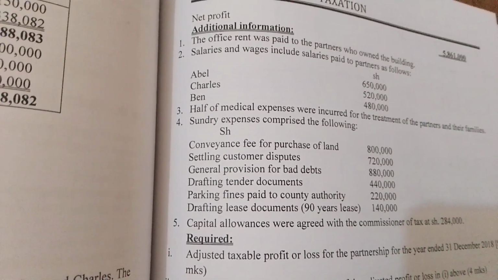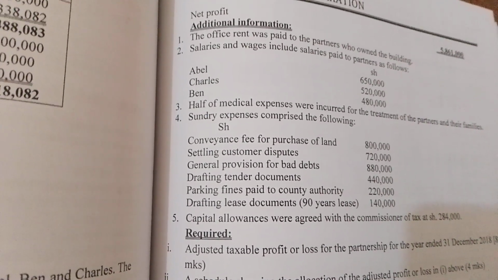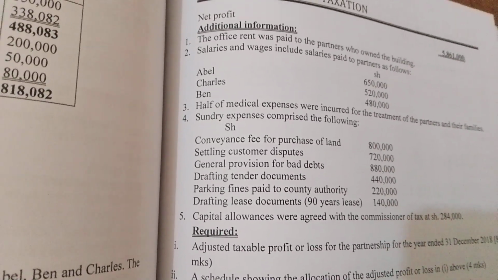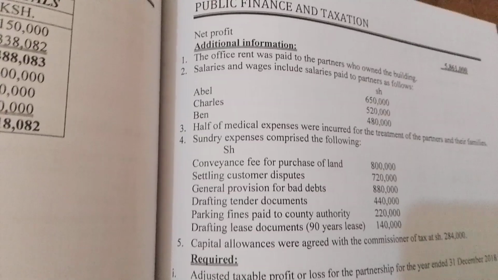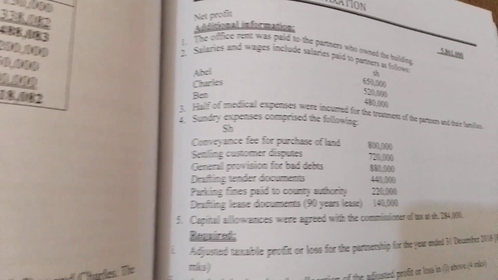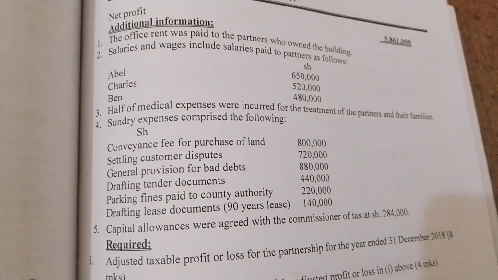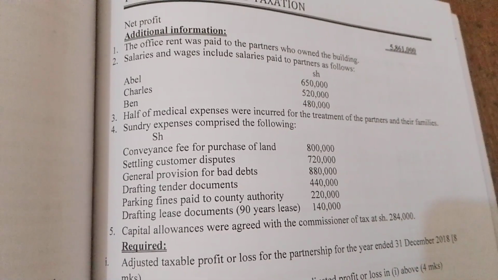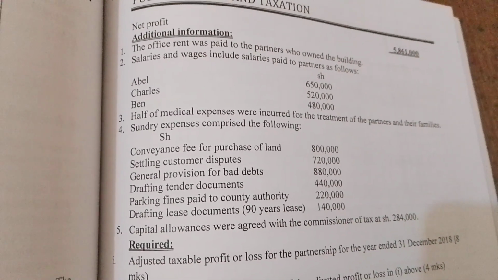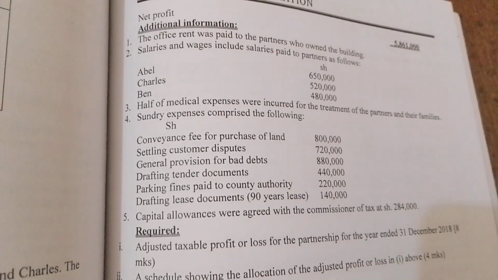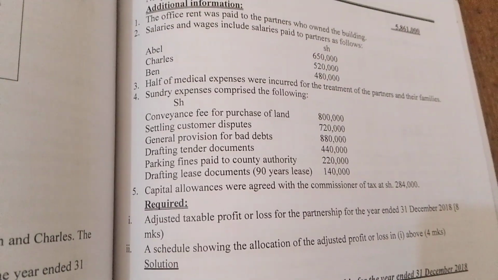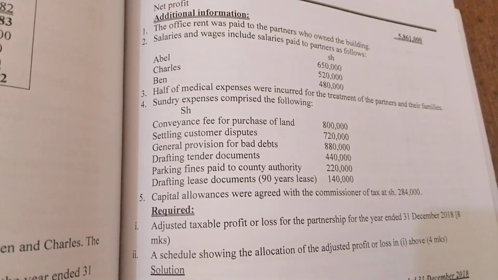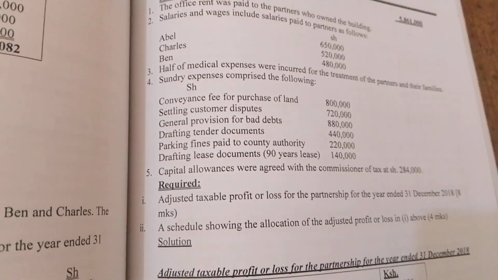Number 4, sundry expenses comprised the following: conveyance fees for purchase of land, settling customer disputes, general provision for bad debts, drafting tender documents, parking fines paid to county authority, drafting lease document, 90 years. Number 5, capital allowances were agreed with the Commissioner of Tax at shillings 284,000.